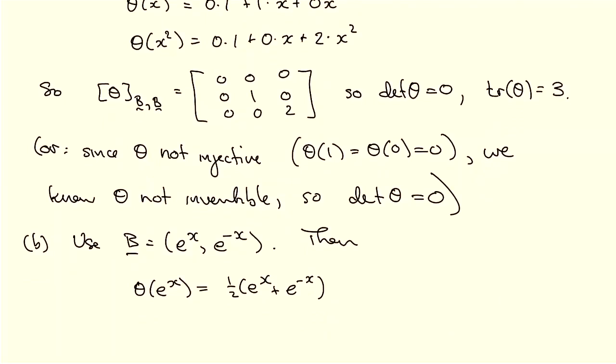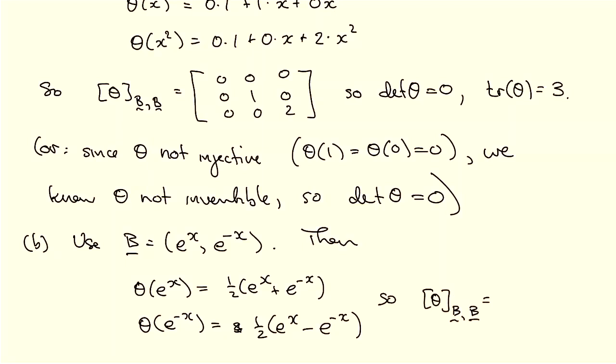And theta of e to the minus x is, by the rule, sinh, which is a half e to the x minus e to the minus x, I think. So we've got our matrix. That'd be a half, a half, a half, minus a half.